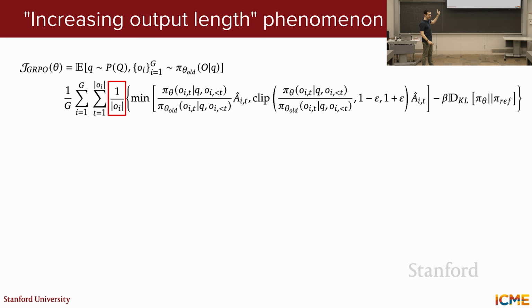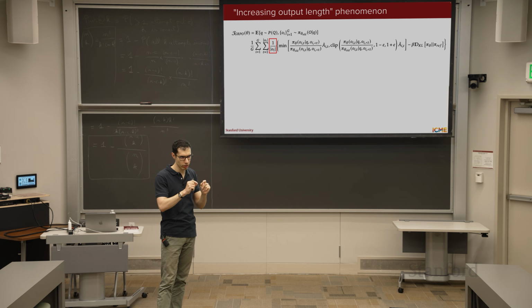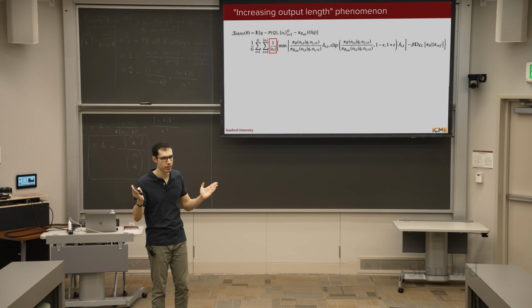So if you look at this, this is a factor that is only a function of which output you're in. If you're in a very long output, this will be 1 over a very long output, so it will be a small number. If it's a short output, it's going to be 1 over a short number, so it's going to be a big number.